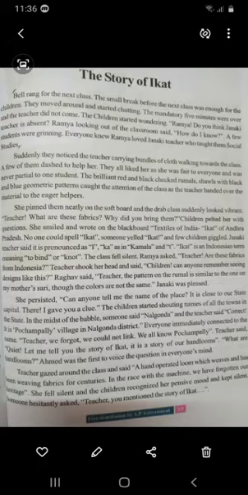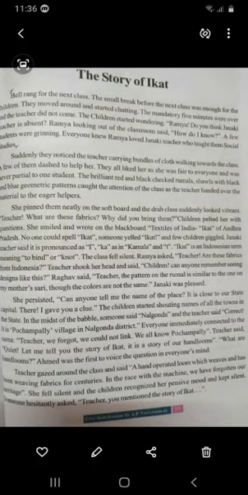Now the teacher is answering, no. Now she is asking them, can anyone tell me the name of the place from where she got that cloth? Can they guess? It is close to our state capital. There I gave you a clue.